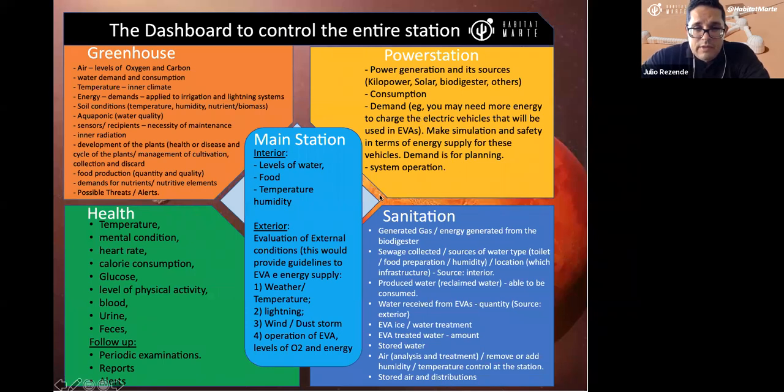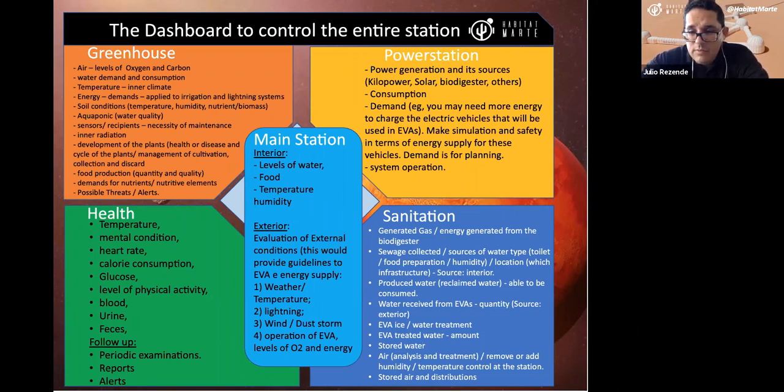Related to the sanitation center, we consider it something like the heart of the station, because in the sanitation center we generate clean air for the astronauts to breathe. If we don't have air with quality, the astronauts will become sick, and if we don't have a good supply of oxygen, they could die.